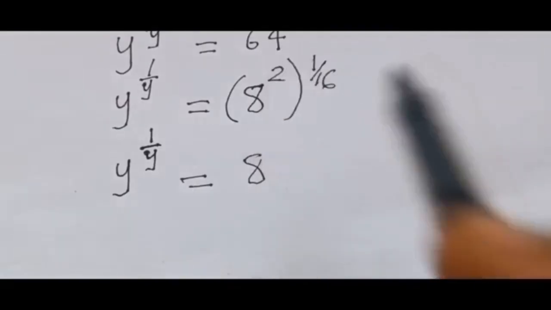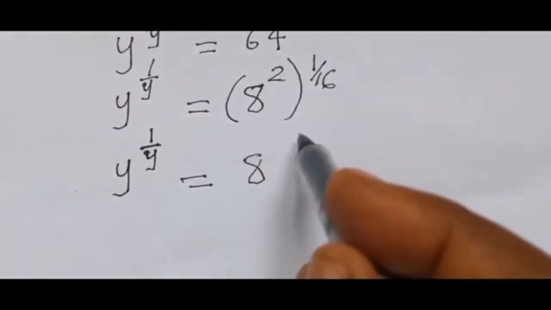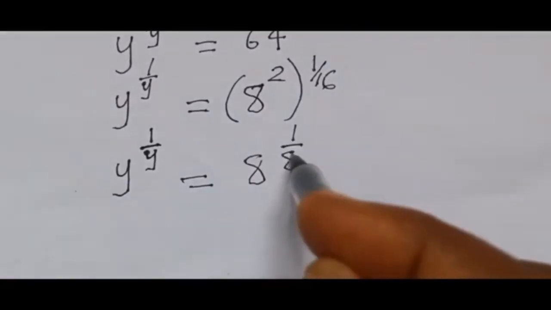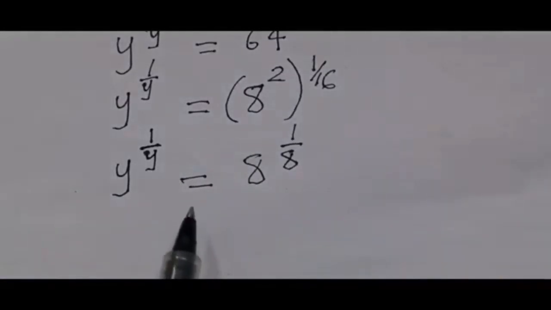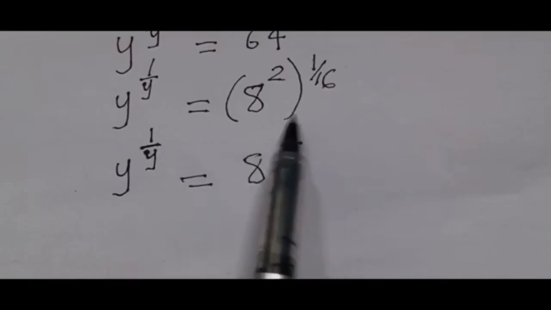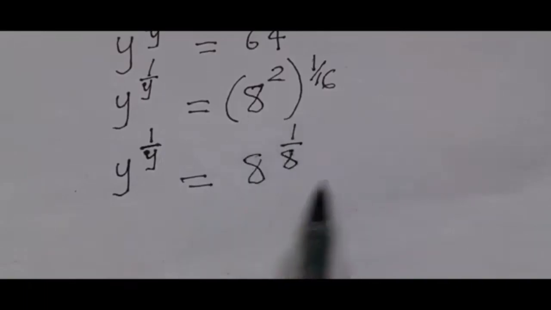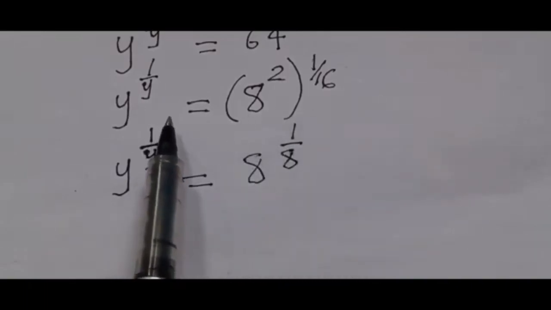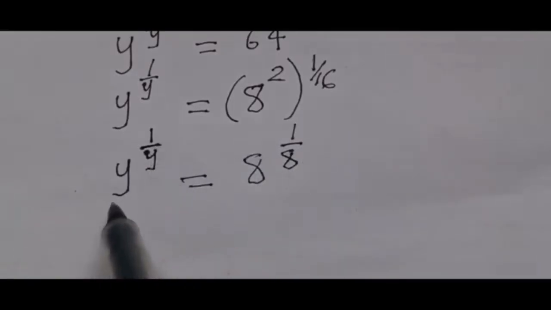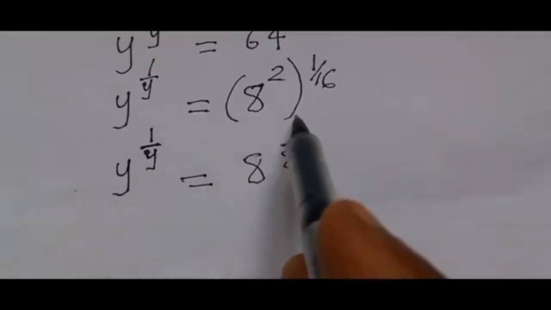By 2, 8. So here we have 1 over 8. Now, as you can see, this has the same form as this one. They resemble each other. We have y raised to 1 over y. Here we have 8 raised to 1 over 8.